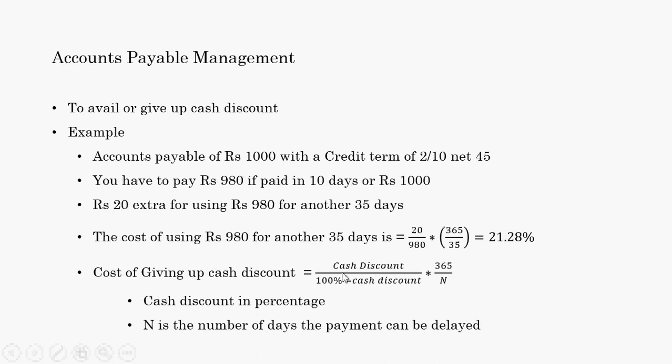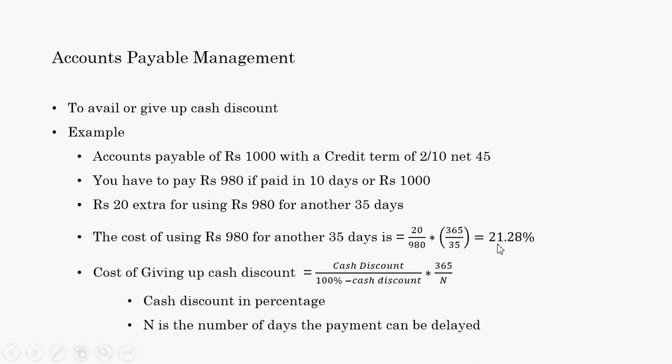The cash discount was 2% divided by 100 minus 2, which is 98%, into 365 divided by the number of days the payment can be delayed, which is another 35 days. If you don't pay within 10 days, you can take another 35 days to pay the 1000 rupees. So this is the formula for you to calculate the cost of giving up your cash discount.